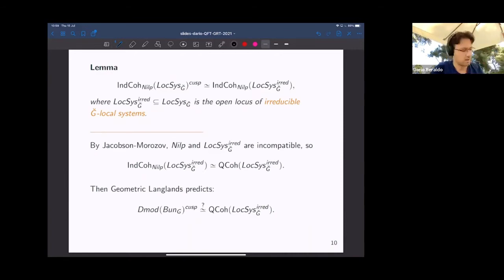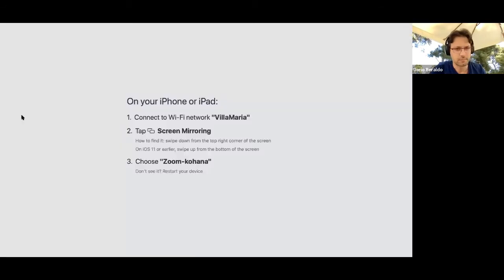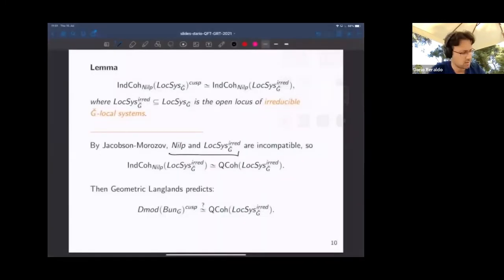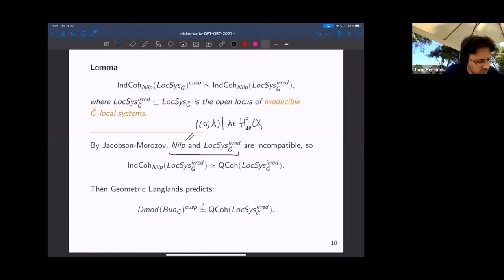In other words, this is pairs sigma and A, where A is a horizontal section of this Lie algebra bundle. But if A is non-zero, then that exhibits sigma as reducible.